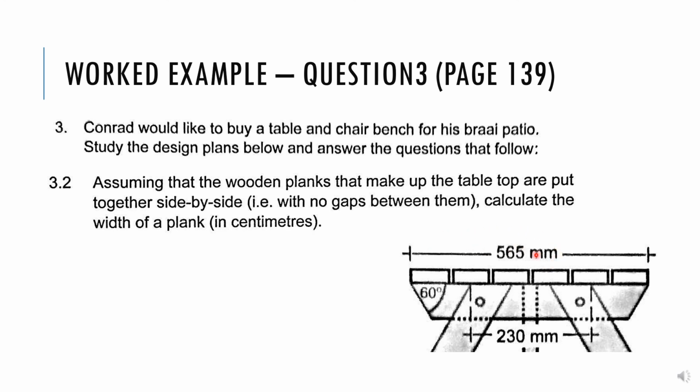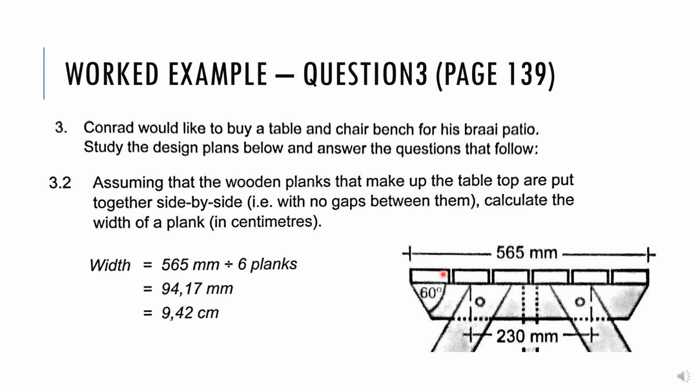I think I said on the previous slide in meters, they want us to give it in centimeters, just to correct myself there. So just to reiterate, the breadth here, or the length, is 565 millimeters for all 6 planks. So what's the length or the breadth of one plank?